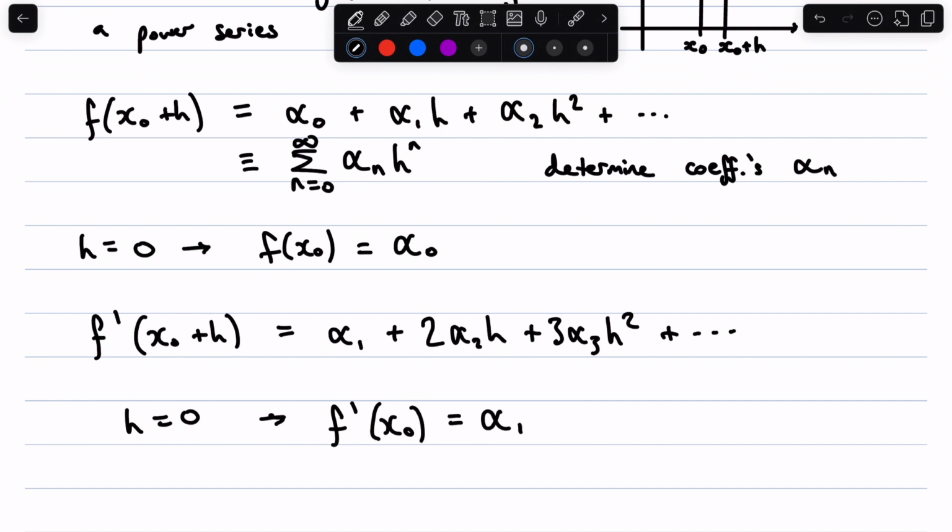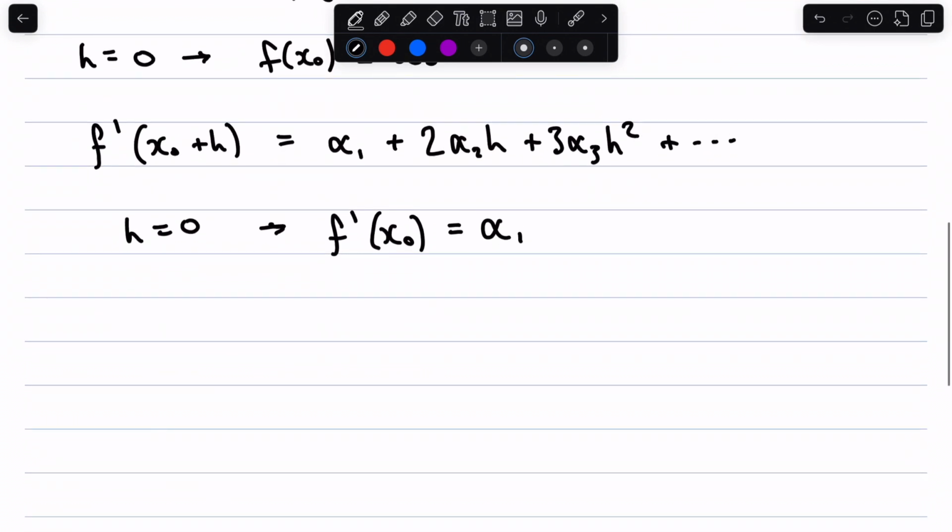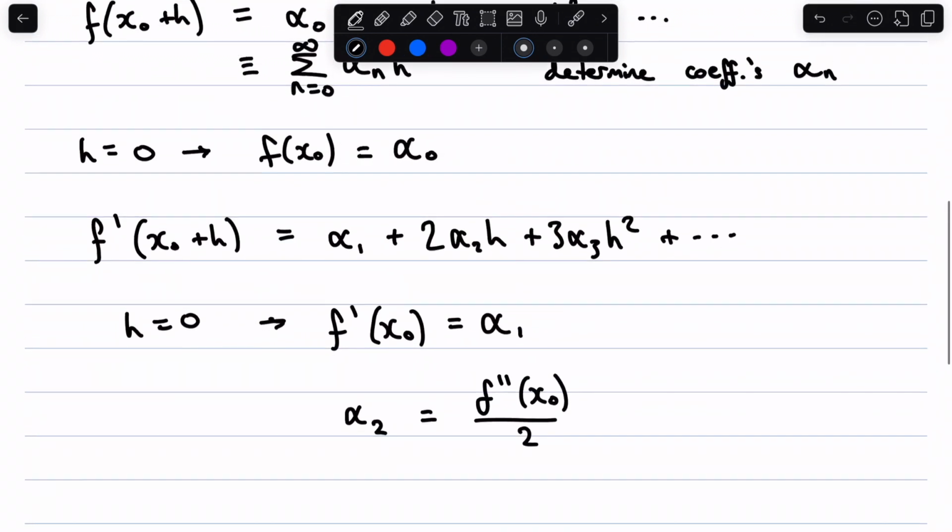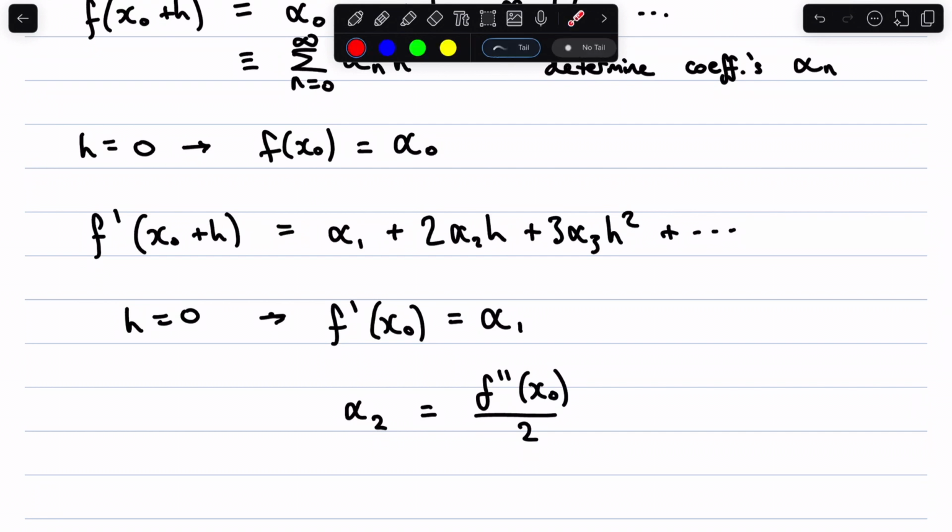And you might be able to see where I'm going with this. You can then take the second derivative, and you'll get that alpha 2 is equal to f double prime of x0 divided by 2. That might not be too obvious immediately, but if you look at this equation here, differentiating with respect to h, we'll have just a 2 alpha 2 at the start, and that would be equal to our f double prime of x0 plus h.